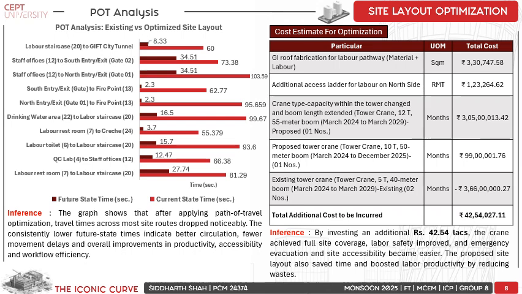So the total cost for this improvement/optimization came out to be 42 lakhs 54,000.